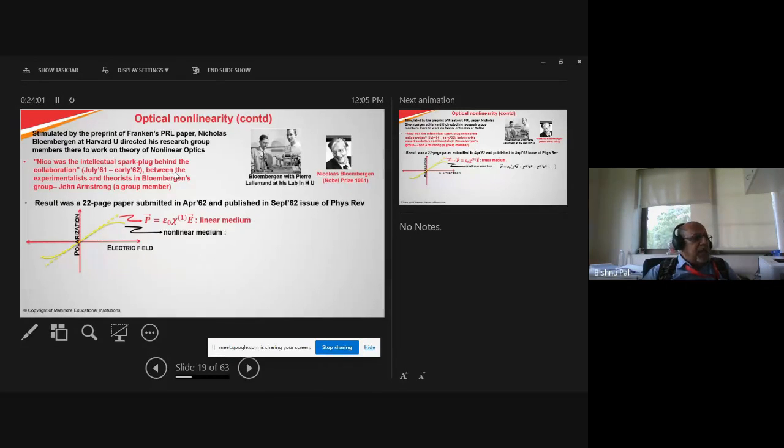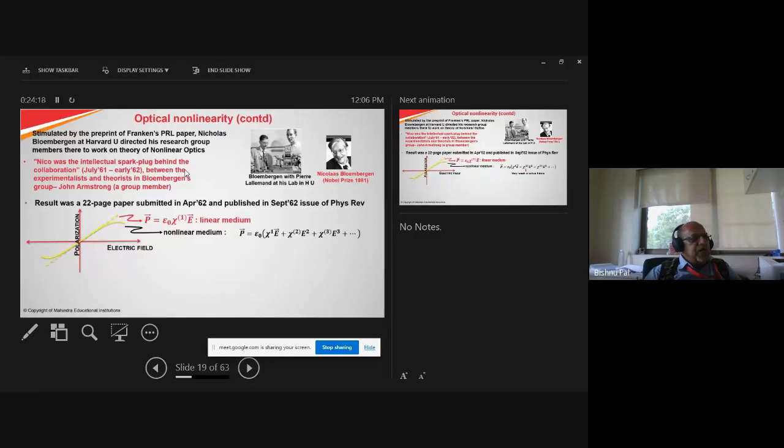But in a nonlinear medium, P cannot be written in one term. It would be something like a Taylor series expansion. So polarization can be described by a Taylor series expansion in terms of several nonlinear terms.